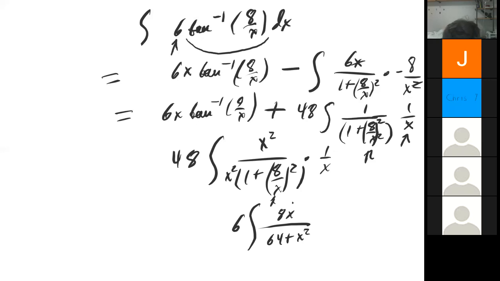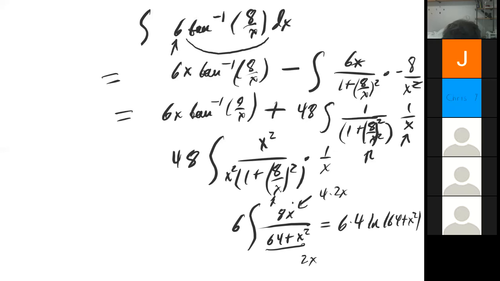Now we're in good shape, because the derivative of this thing is just 2x, and you can see that this is 4 times 2x. So then you get 6 times 4 ln of 64 plus x squared.